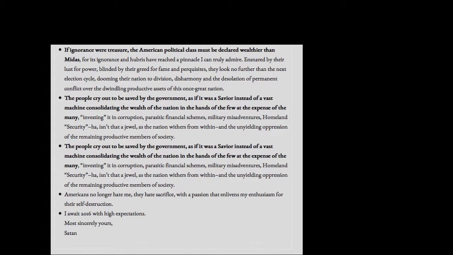The people cry out to be saved by the government as if it was a savior instead of a vast machine consolidating the wealth of the nation in the hands of the few at the expense of the many, investing it in corruption, parasitic financial schemes, military misadventures, homeland security.